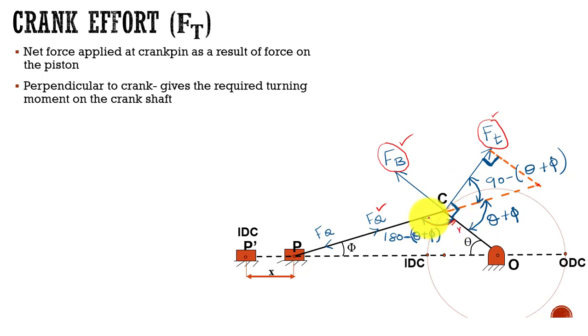The total angle in a triangle is 180 degrees, that we all know. This angle is theta and this angle is phi. So this angle must be 180 degrees minus (theta plus phi).